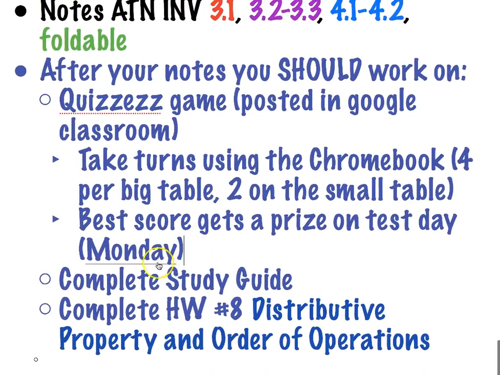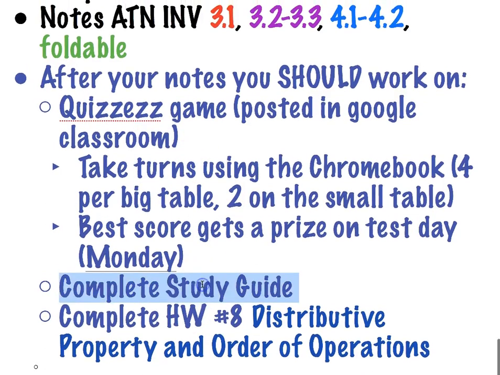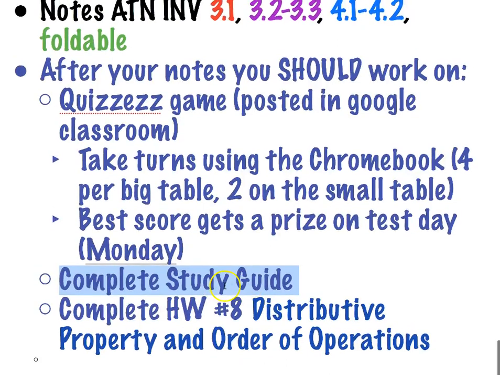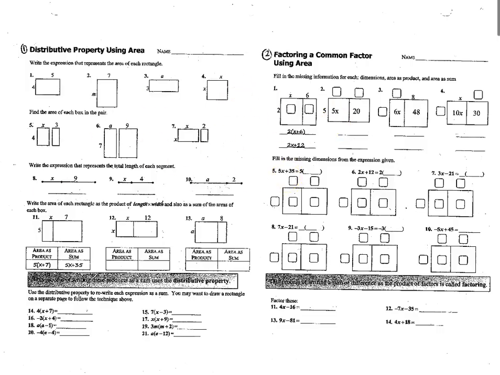Today you're gonna work on your study guide. So if you're working on your study guide and someone else is playing the quizzes game, wait till they're finished and then you could trade. But you can work on your study guide. Your study guide again is very closely designed to your test. You can finish homework number 8, which is the distributive property and order of operations. Okay, so on the back of the order of operations sheet, again, for just a reminder, it looks like this.